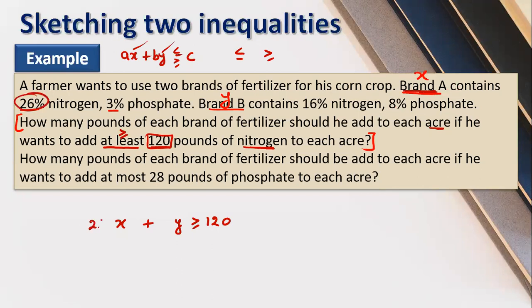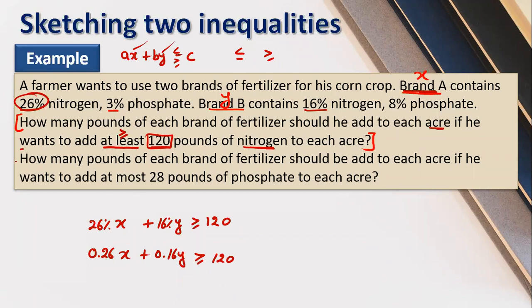So I will write here 26%. And y requires how much? 16%. So I will write here 16. So this is the nitrogen constraint we have. If you want to write it without percentages, you can write 0.26x plus 0.16y greater than or equal to 120. That's all for the first part of the question.